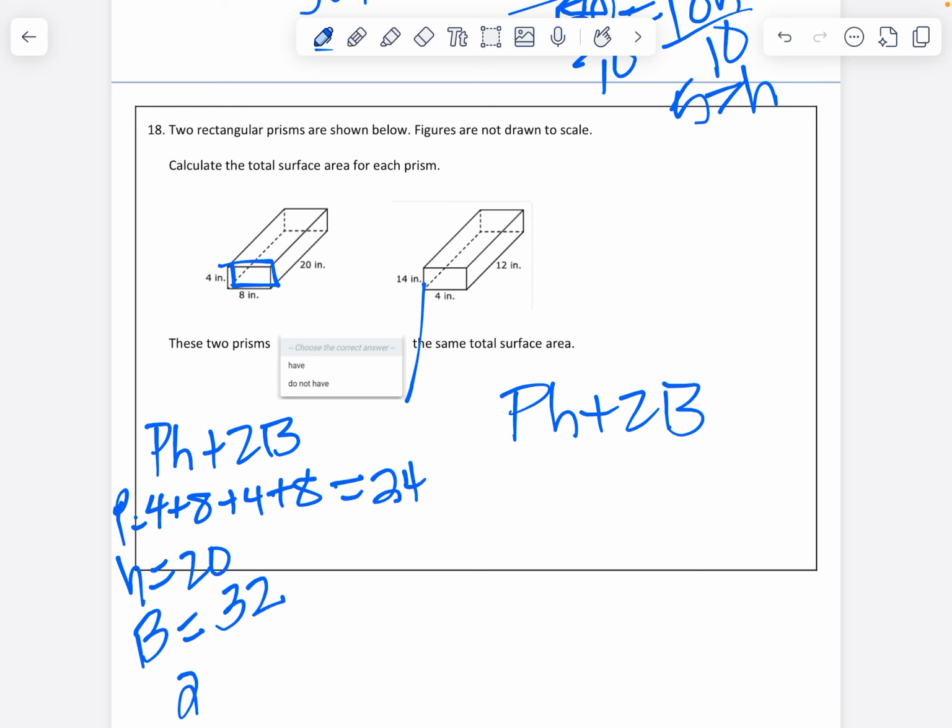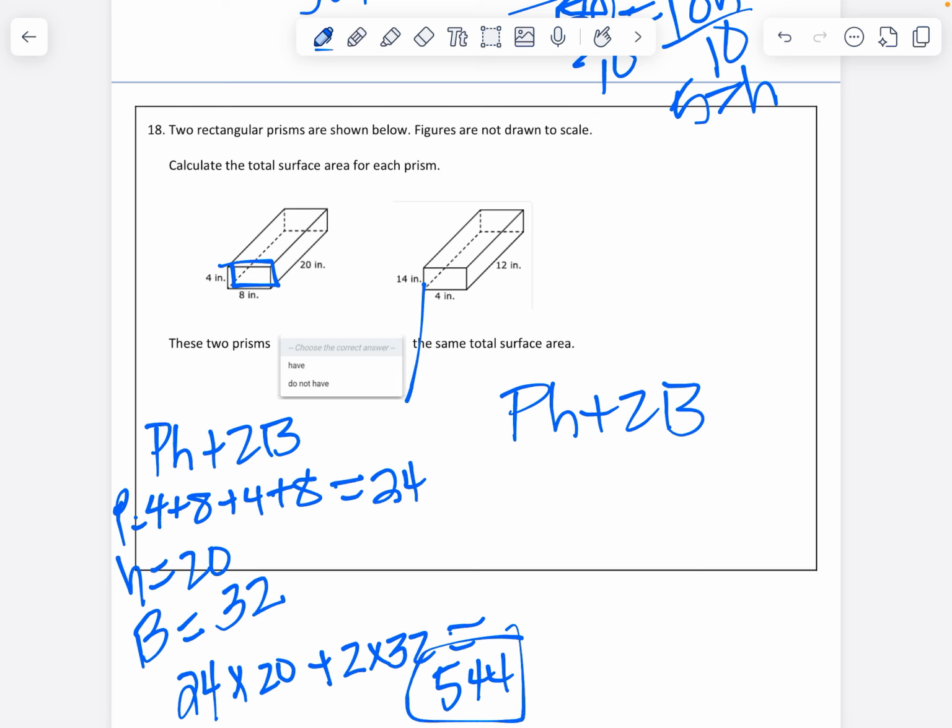So it's 24 times 20 plus 2 times 32. We'll put that in our calculator. 24 times 20 plus 2 times 32, we get 544.